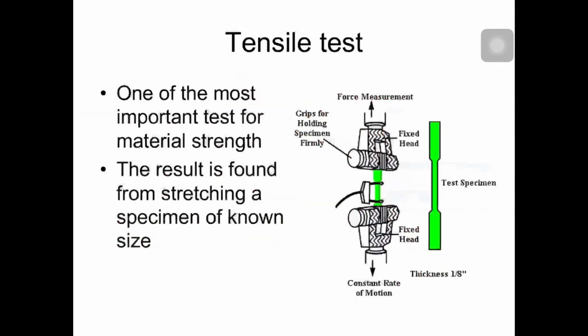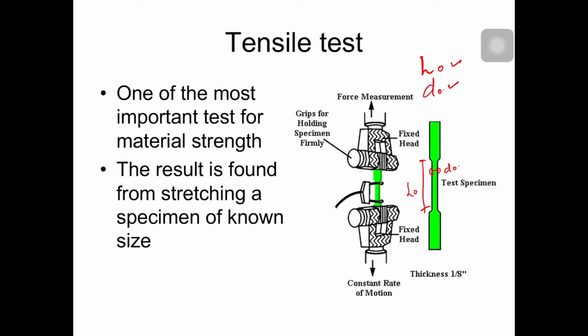So, the tensile test is one of the most important tests for material strength. The result is found from the stretching of a specimen of known size. Known size means how much is L naught and how much is the diameter. L naught is here, and here is the diameter.